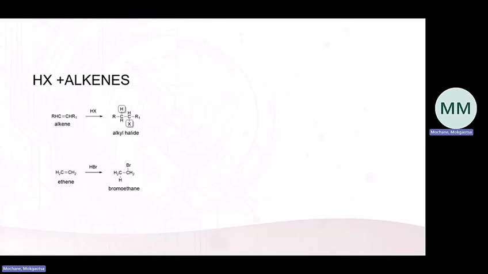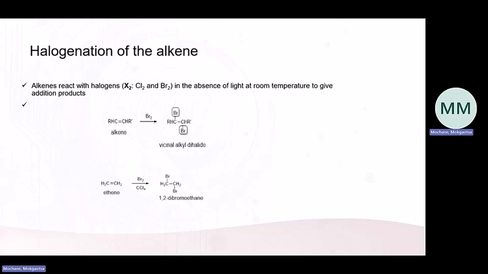And now I want us to look at the last one for this particular lesson, which is the halogenation of the alkene. So we're going to look at the halogenation of the alkene.